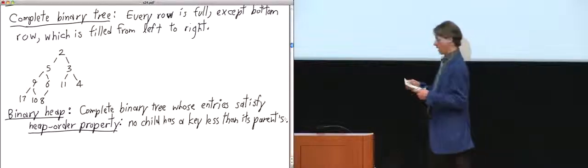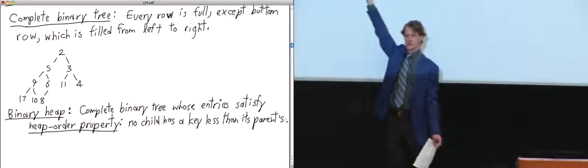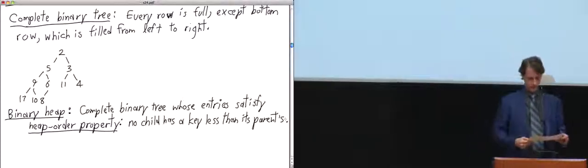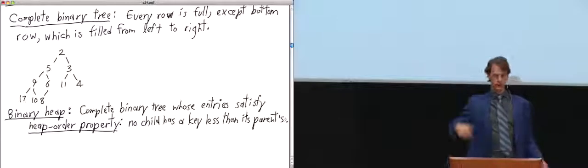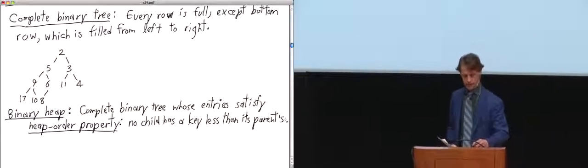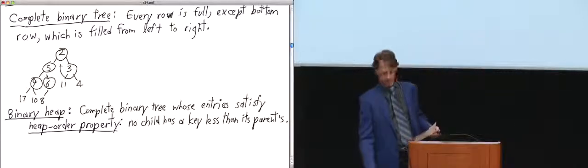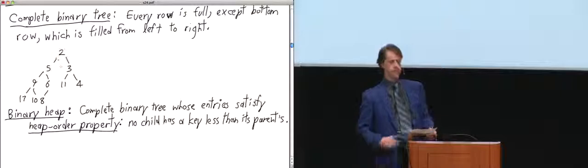And you'll notice that I've drawn this heap here to have the heap order property. So for instance, the root is 2, and its children are both bigger than 2. And the children of 5 are both bigger than 5. They could be equal, but they can't be smaller.